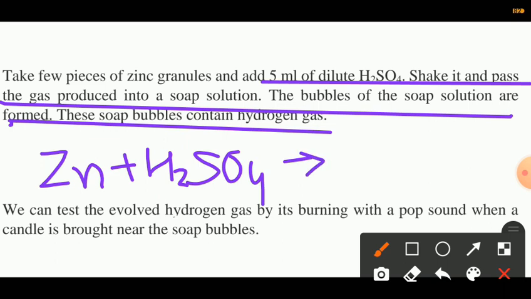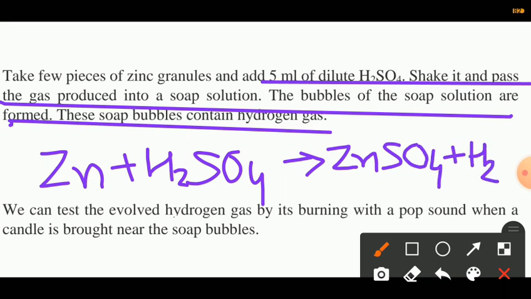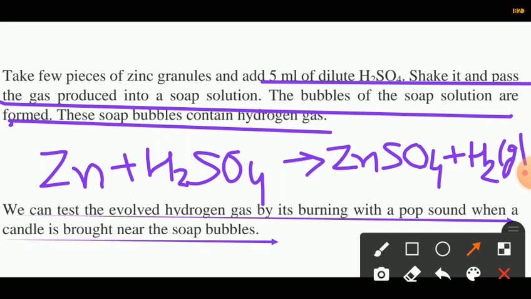As the reaction proceeds, it will make the salt zinc sulfate, ZnSO4, plus hydrogen gas will be evolved. And we can test the evolved hydrogen gas by the burning with a pop sound when a candle is brought near the soap bubbles.